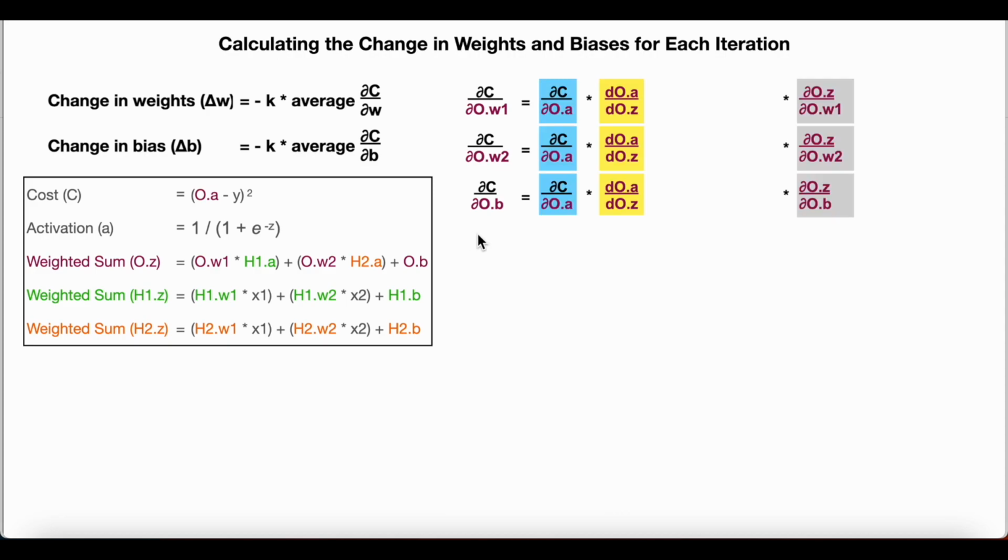We can take the partial derivative of cost with respect to O.A, then take the derivative of output A with respect to output Z, then take the partial derivative of O.Z with respect to output weight 1, output weight 2, and output bias. I left a little space here, and you'll see in a moment why I've done that.